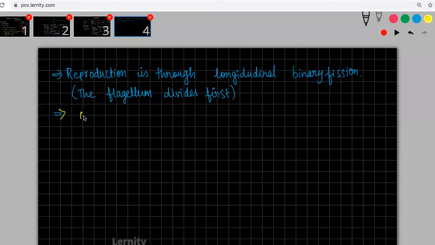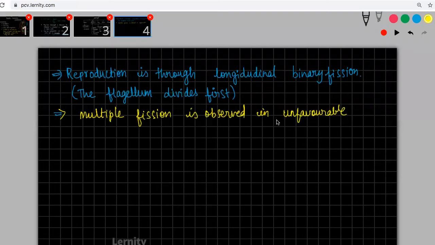So also multiple fission is observed. Multiple fission is observed in unfavorable conditions. Okay, so this multiple fission is nothing but encystation. So you guys know what is encystation, right?